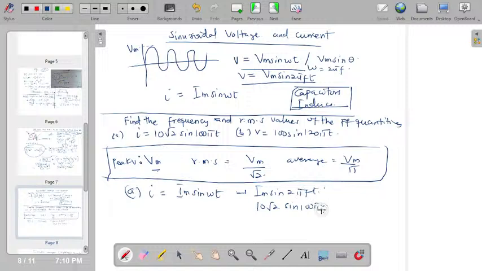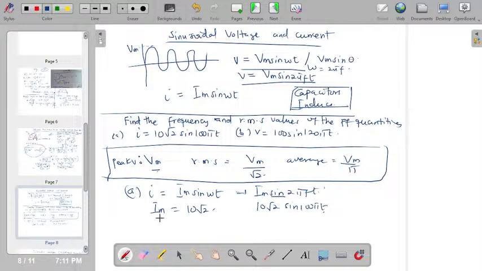I have pi, I have pi. We can easily see that after the sine, I have 2 pi f, and I have 100 pi. So you simply have to equate them. First of all, before the sine I have Im, and before the sine I have 10 root 2. So therefore my peak current Im is equal to 10 root 2.